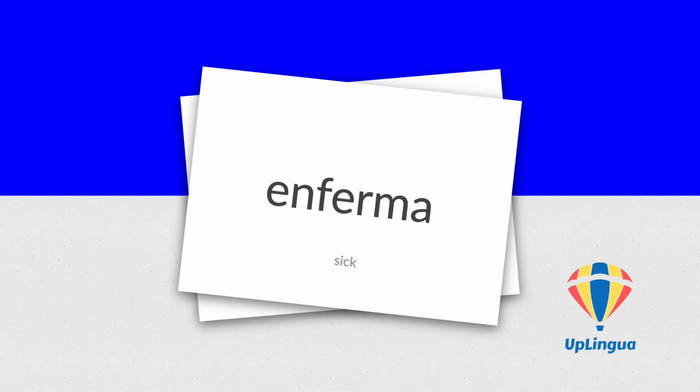The en is pronounced just like the letter N. Then you have fer. For the fer, think fairy. So we have enfer, ma, like mommy, ma. Enferma. Sick is enferma.